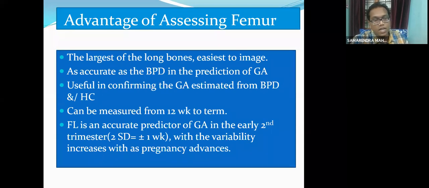And the femur as a bone can be measured from 12 weeks onwards till term for gestational age estimation, but the predictive value, the accuracy of prediction, gradually falls from the early second trimester as the pregnancy advances.